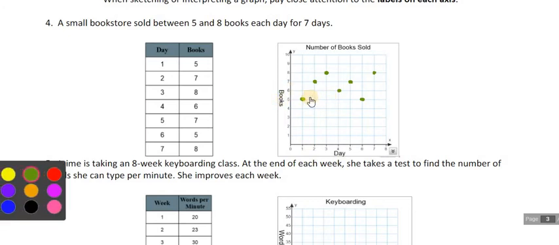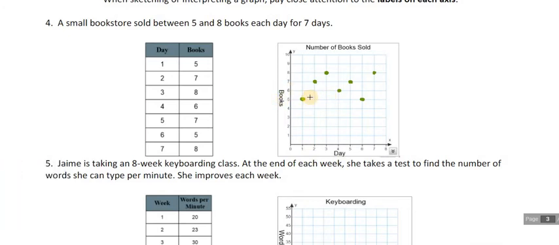So this particular situation will remain a discrete, non-connected graph, representing the relationship between day number and quantity of books sold for those 7 days.